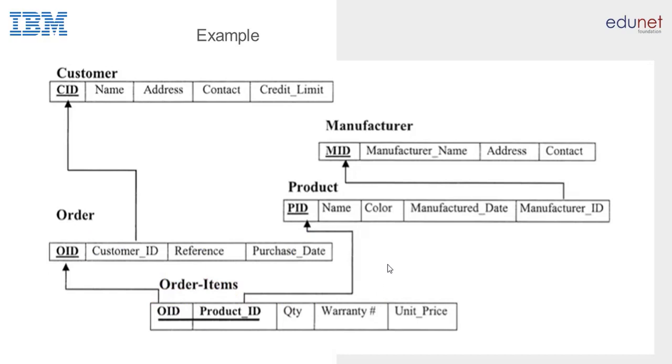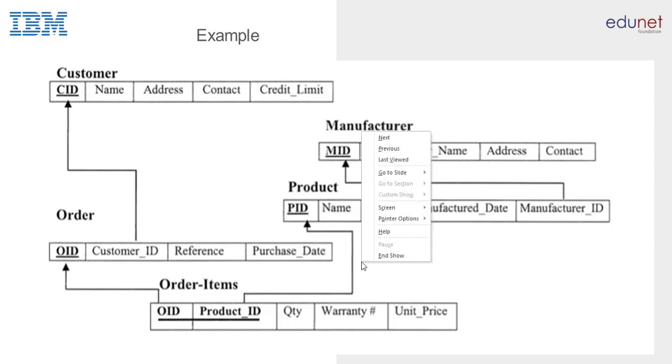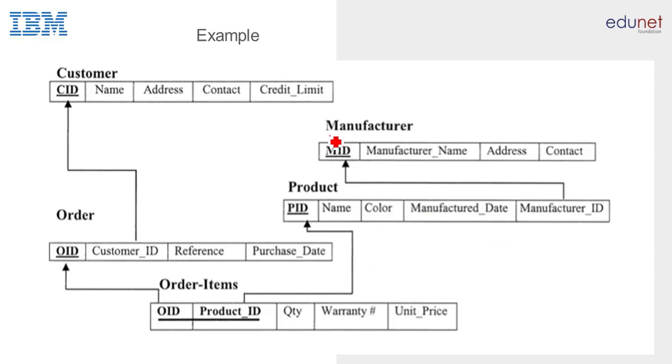Just take one example: a company having customers. The company provides manufacturing of particular products and produces products based on manufacturing. So we have a manufacturing division, and the company has customers, orders, products, and order item tables.